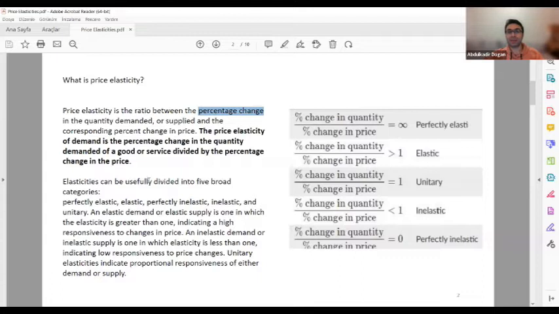So elasticities can be usefully divided into 5 categories. Okay, we have 5 categories of elasticities. These are perfect elasticity, normal elasticity, unit elasticity, inelasticity, and perfect inelasticity. This is exactly about the shape of our graph. Okay, so don't try to mix up your mind.